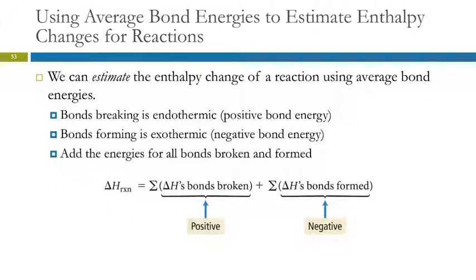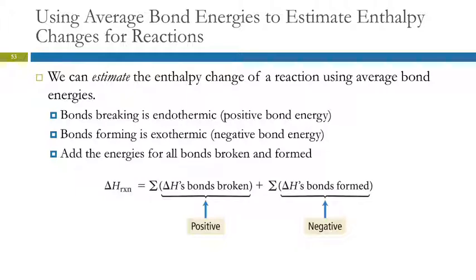So how can we use bond energies to estimate enthalpy changes? When bonds are broken, that's an endothermic process. We have to put energy into the molecule. When bonds are formed, energy is released. So that's an exothermic process.